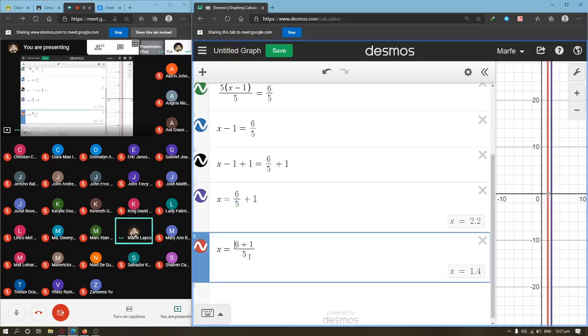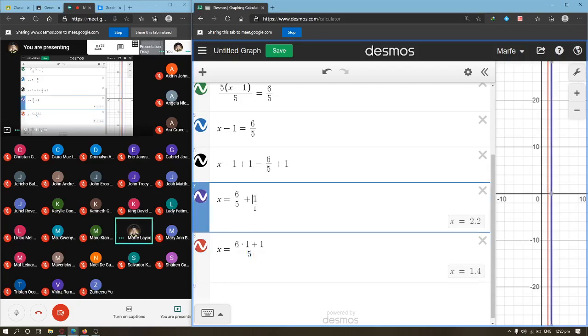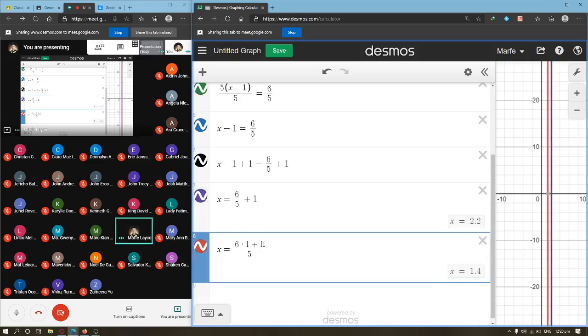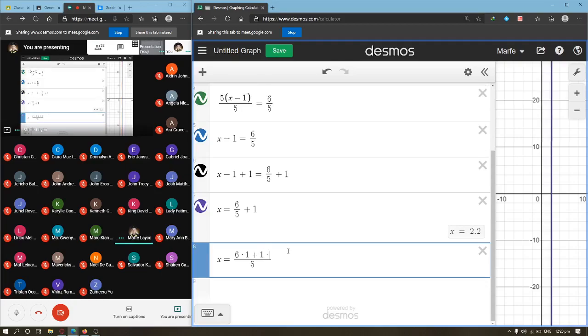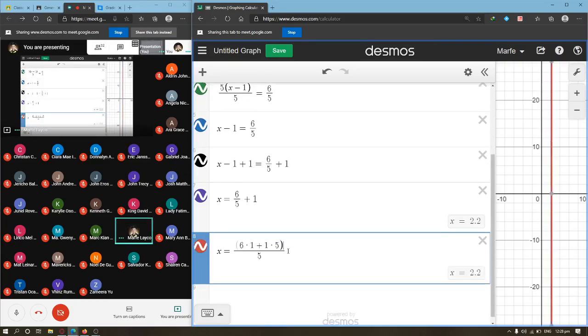So, 6 pa rin siya. Multiply by 1. And then 1. 5 divided by 1 is 5. Kasi 1 whole number. So, automatically, ang fraction form niyan is over 1. So, ito ay multiply by 5. So, let's group.